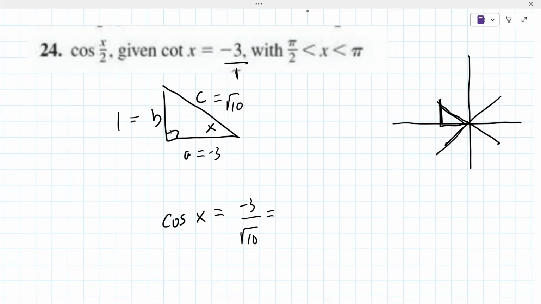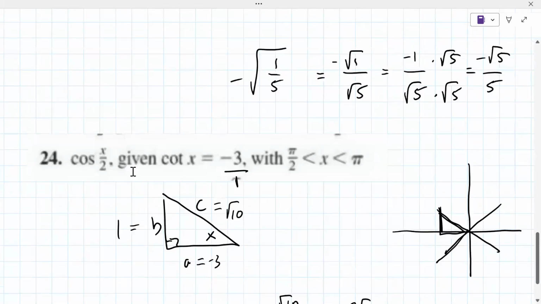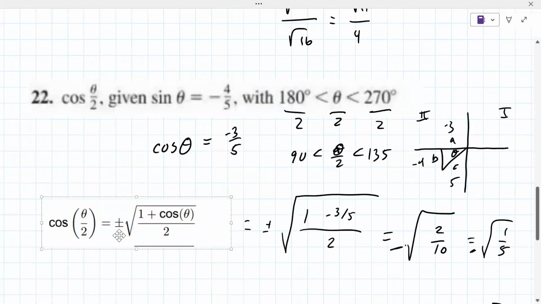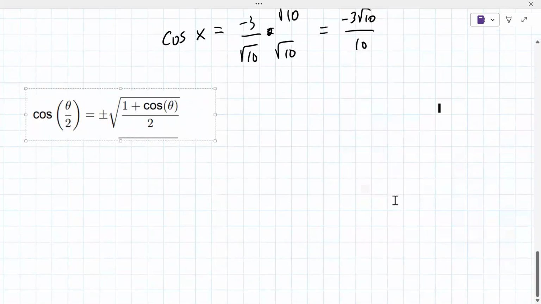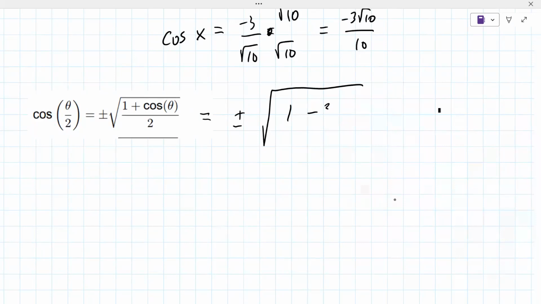All right, so that becomes √10 over √10. So this is -3 square root of 10 over 10. For that, it is good to rationalize. So now we can go grab our formula for cosine X over 2. So this is plus or minus square root of 1 minus 3 square root of 10 over 10, all over 2.